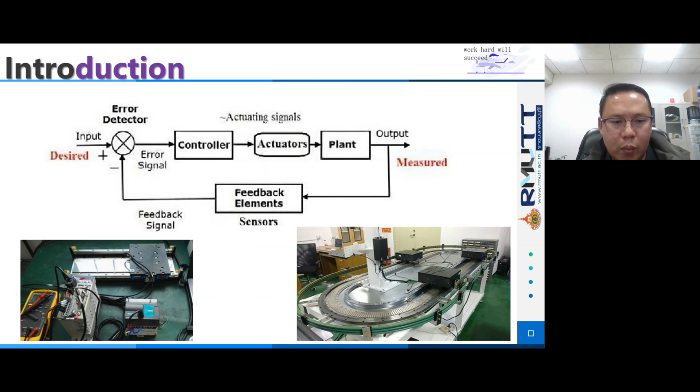The components of a closed-loop control system include four parts or so, which are controller, actuators, or pneumatic cylinder, or another electrical mechanical actuator. The function of other parts are the same.